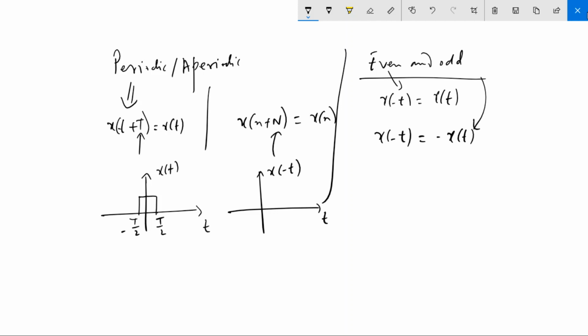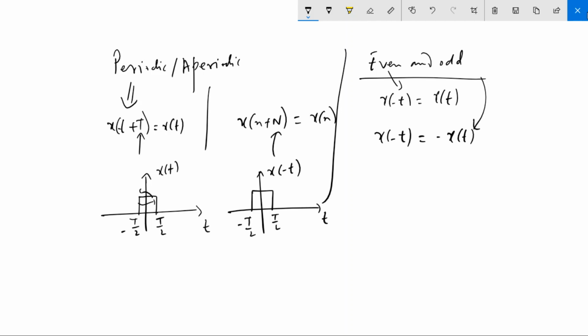It is basically folded around the y-axis. Since this is a symmetric signal, or even function, you will get the same signal after folding. This is the even signal.